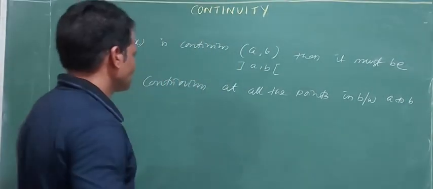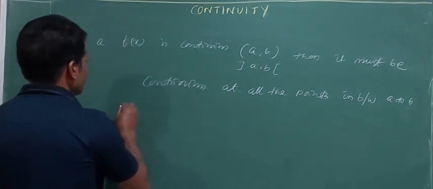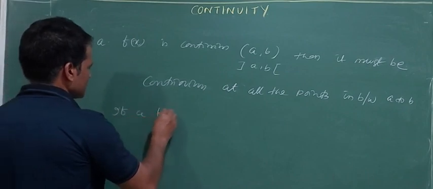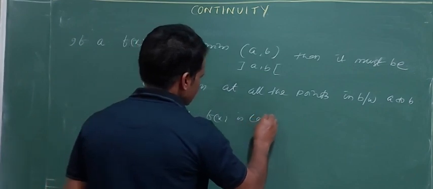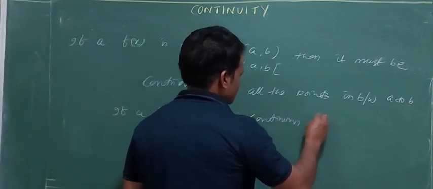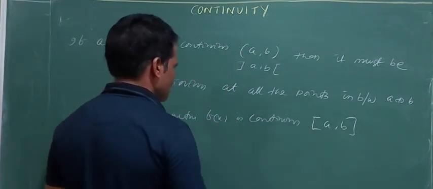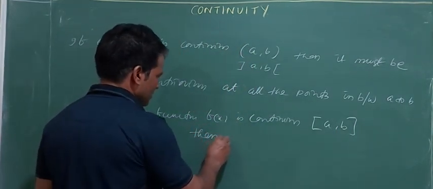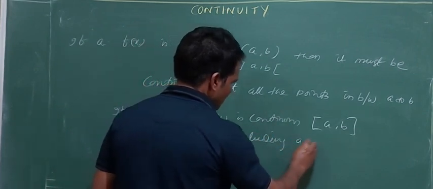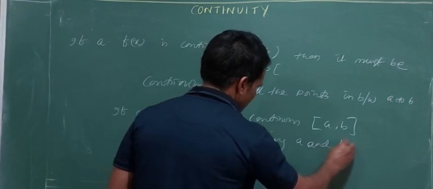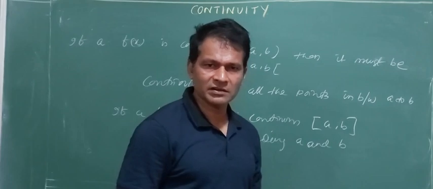Then comes closed. If a function f(x) is continuous in closed interval a to b, then including a and b and all the points between a and b, it must be continuous.